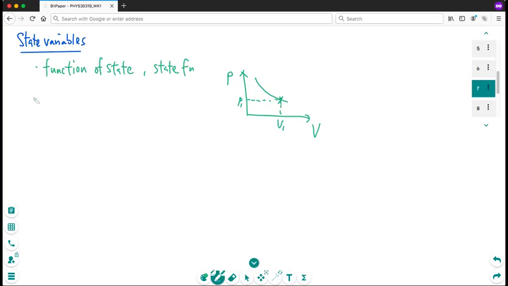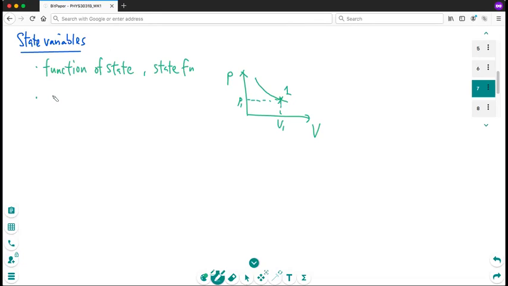So a function of state, in other words, is a variable that has no memory. It doesn't really care about how it gets to the state 1, for example. It doesn't matter how you bring it there. Once you are there, you have a well-defined volume, you have a well-defined pressure.